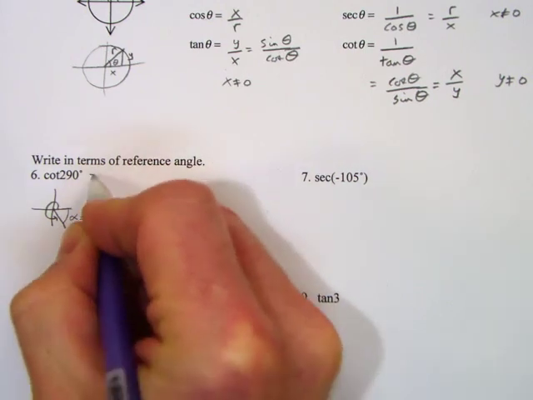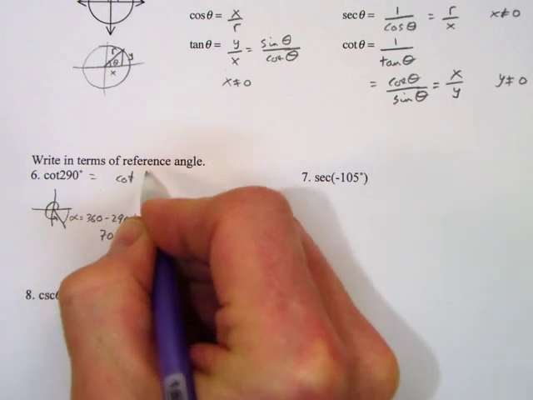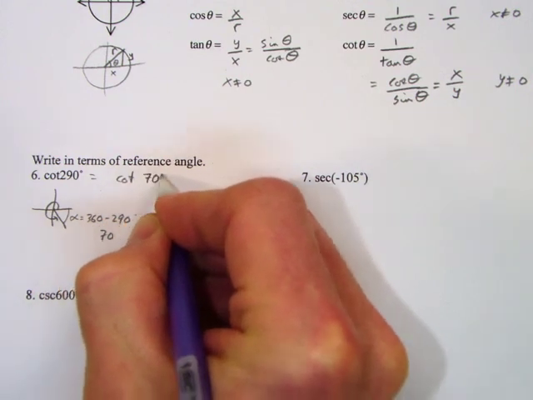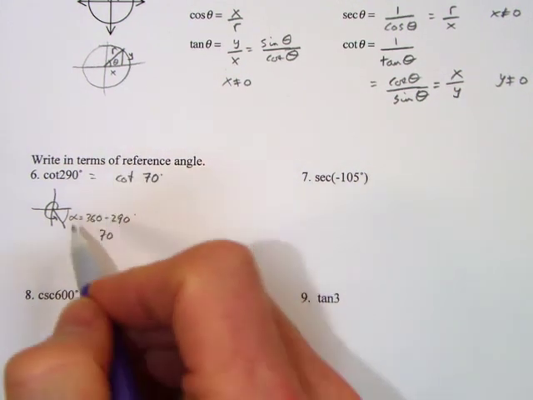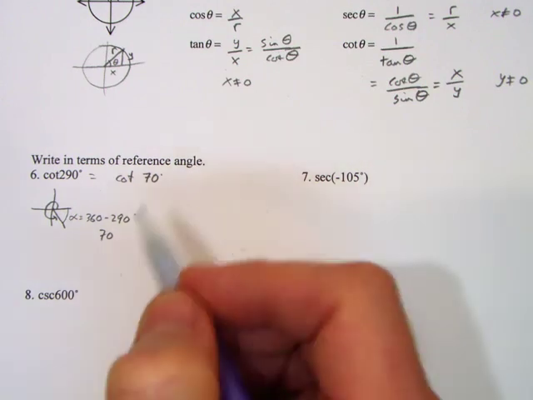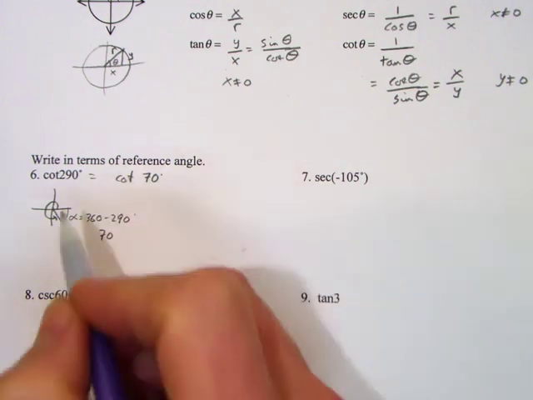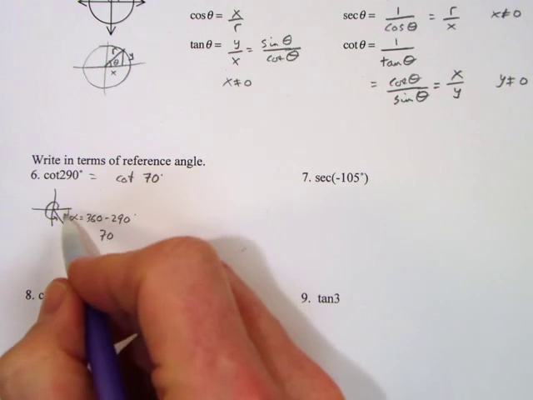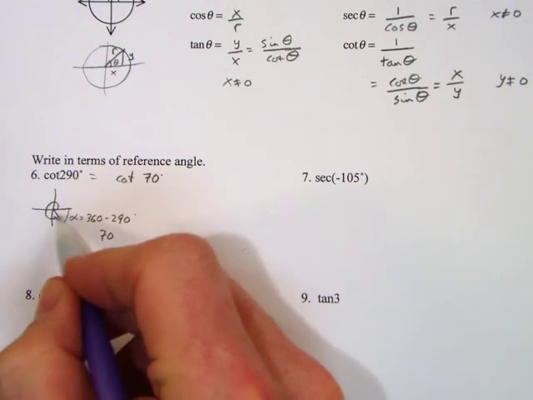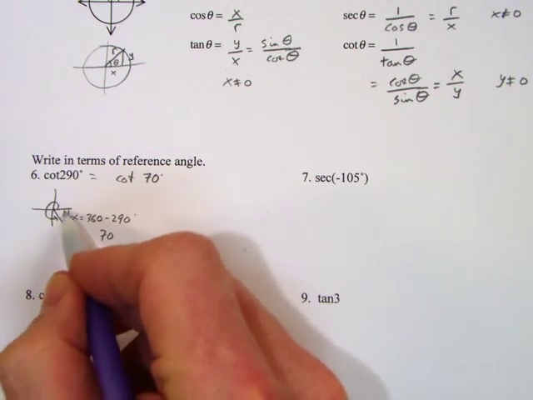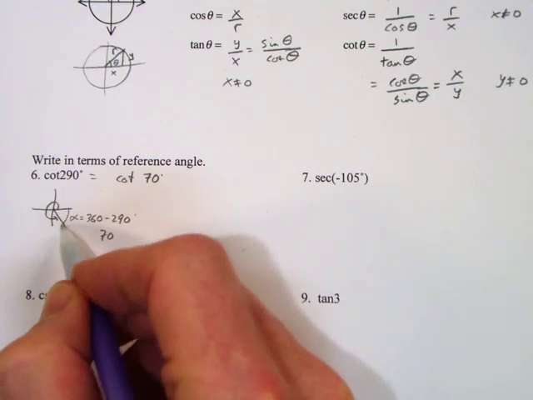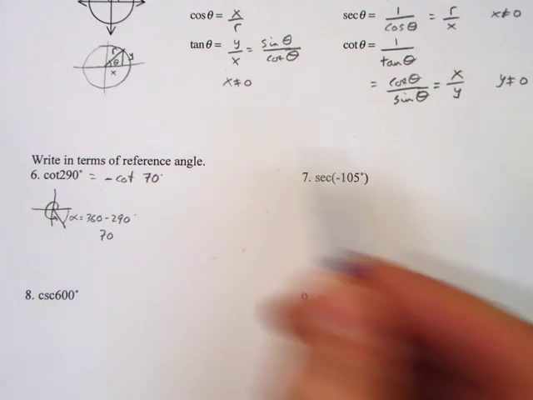So we'll write cotangent 70 degrees. Now we look. In the fourth quadrant, what is cotangent? Well, cotangent is cosine over sine, or x over y. The cosine value, x, is positive, and the sine value, the y, is negative. So a positive divided by a negative is negative. So we'll just put negative here.